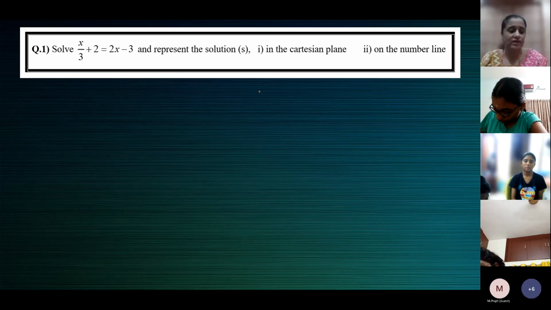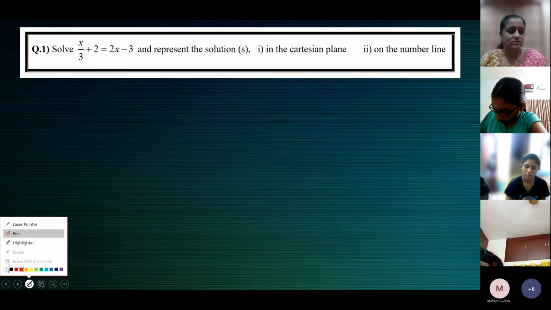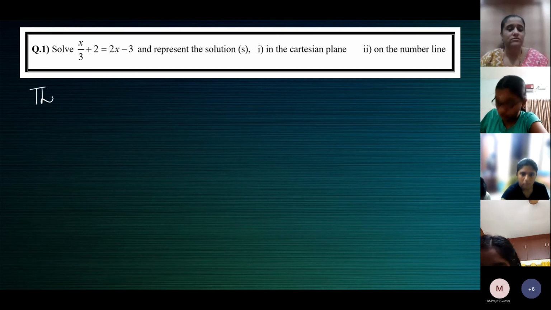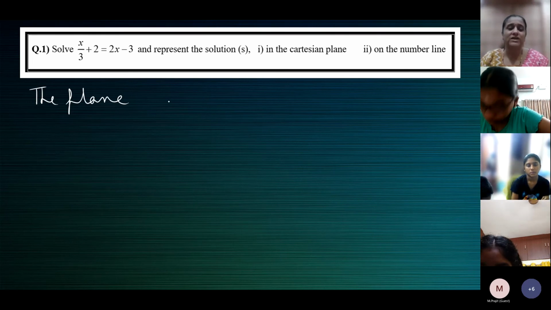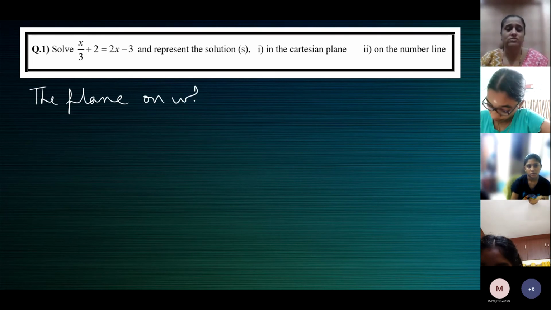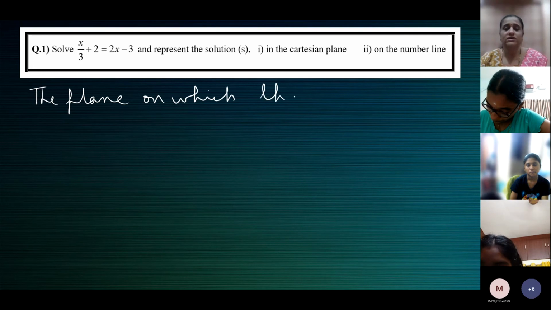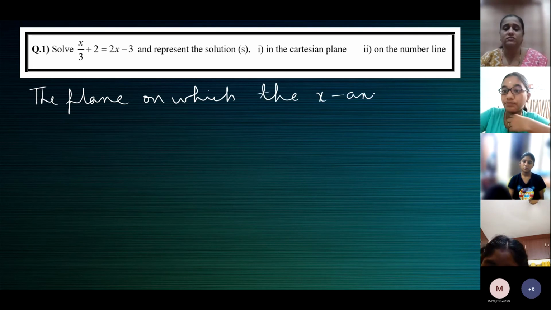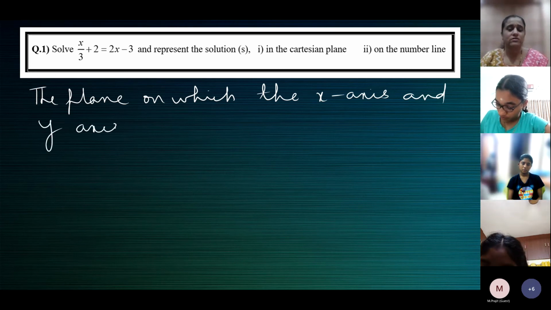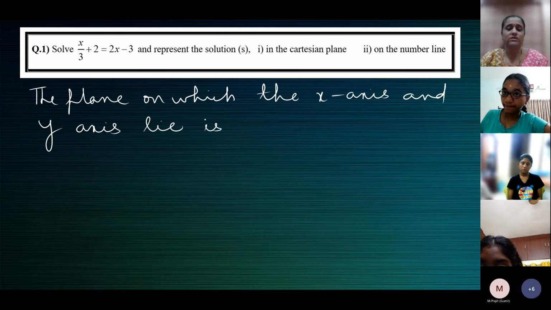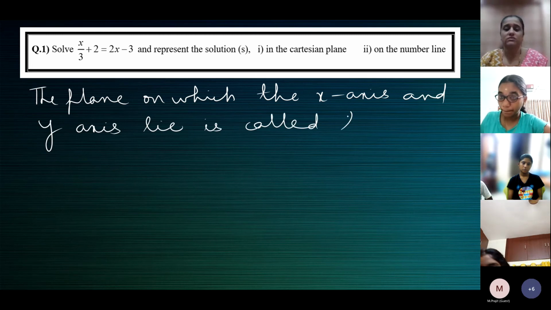The plane on which the x-axis and y-axis lie is called the Cartesian plane.